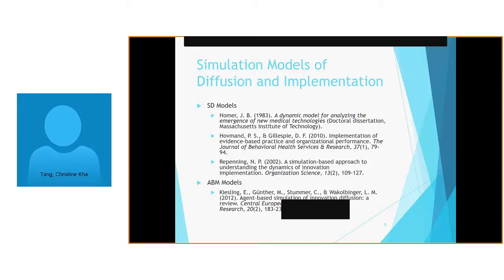And then I did some literature searching myself, and I saw within agent-based modeling that there is a review paper that I still need to read on agent-based simulation of innovation diffusion, a review.